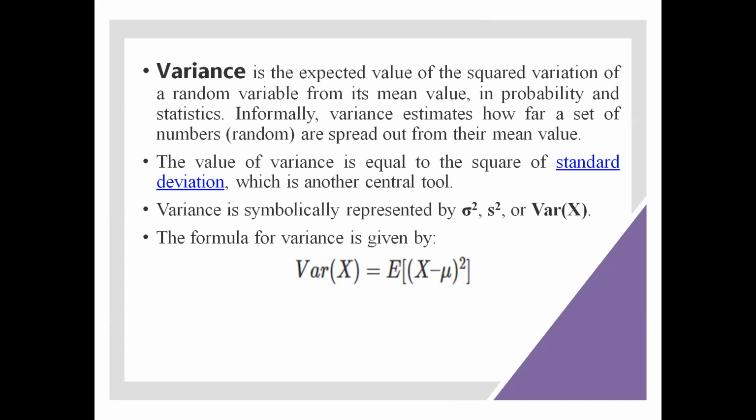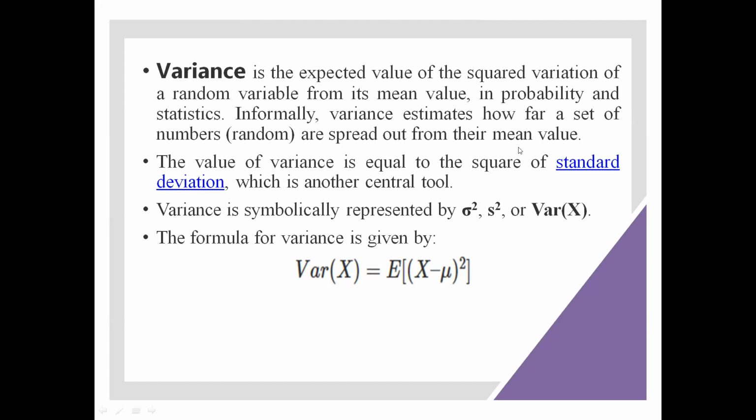That is called variance. When I'm talking about variance, it is the expected value of the squared variation of a random variable from its mean value in probability and statistics. Informally, we can say that variance estimates how far a set of numbers are spread out from their mean values.